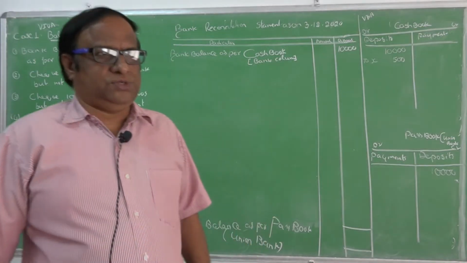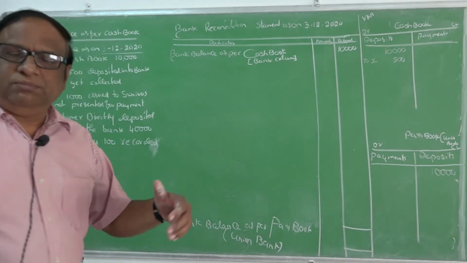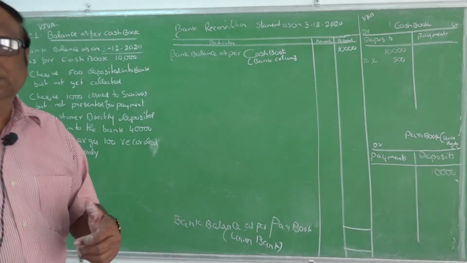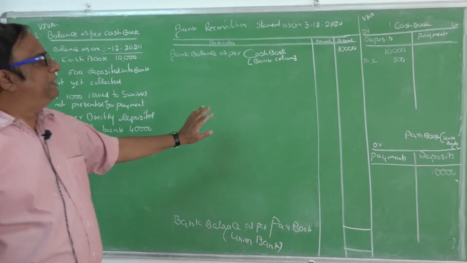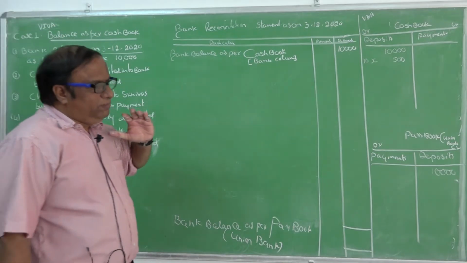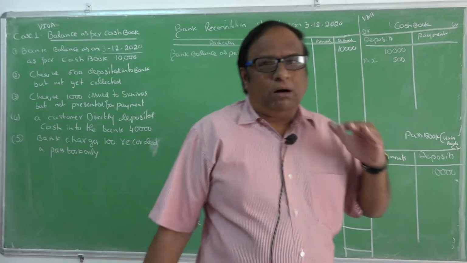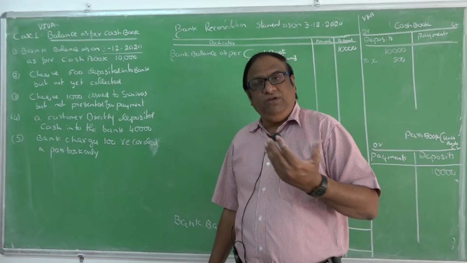You may ask a question: sir, the check may be collected on the 4th, the 7th, or the 8th, so what is the hurry and worry to prepare the BRS? Because every day the accountant will check whether all the transactions relating to the bank are fulfilled or not.